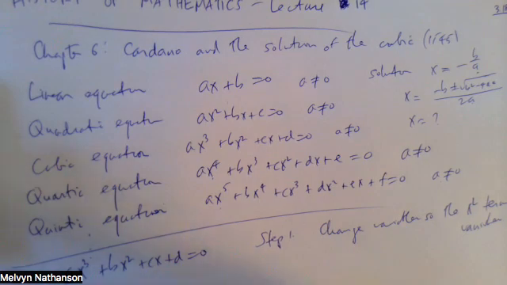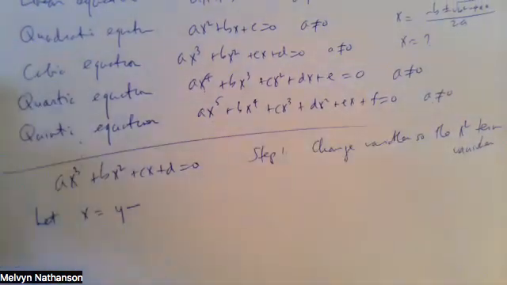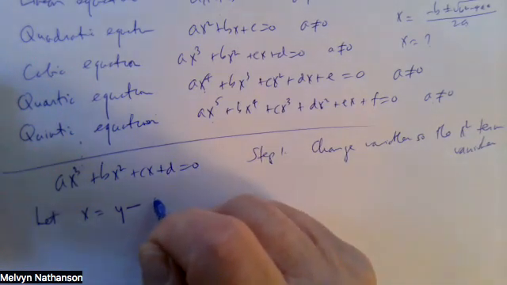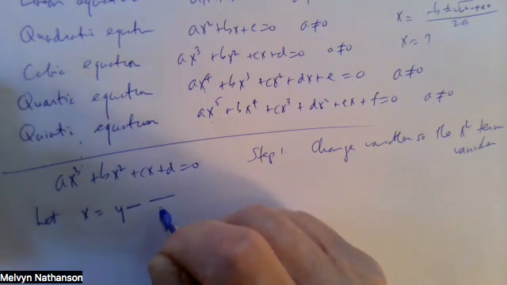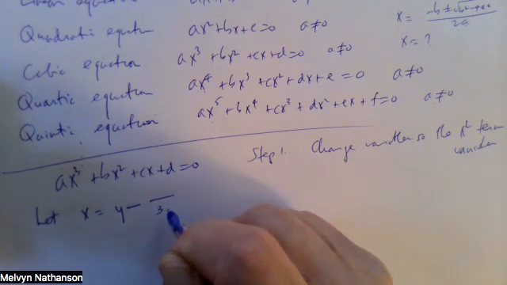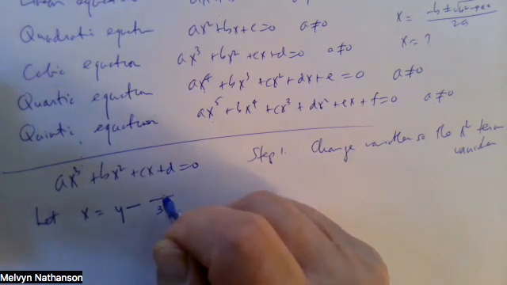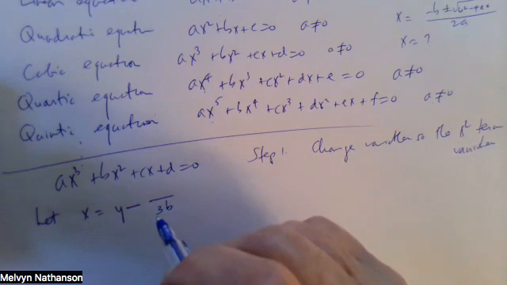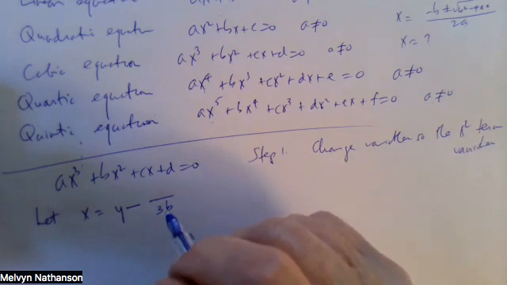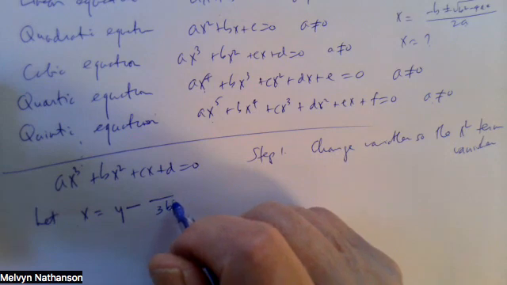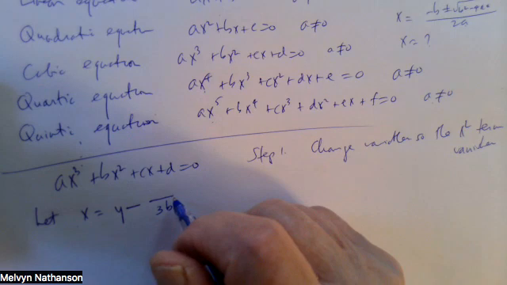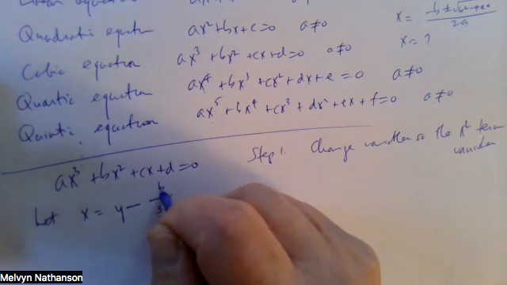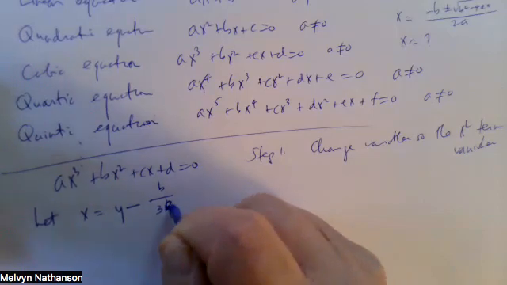I'm sorry, I can't see. Can you move the paper down, please? Thank you. Okay. So if you make this y minus, I want to make this something over 3b, sorry, y minus b over 3a.